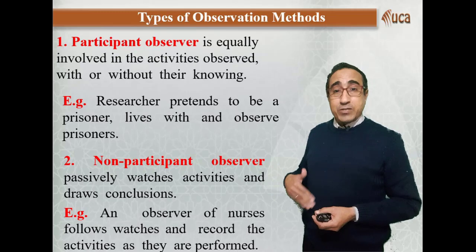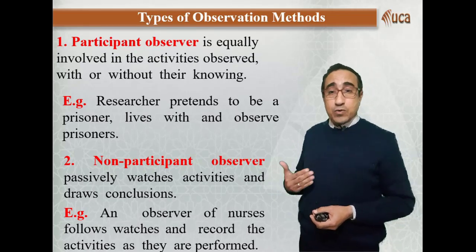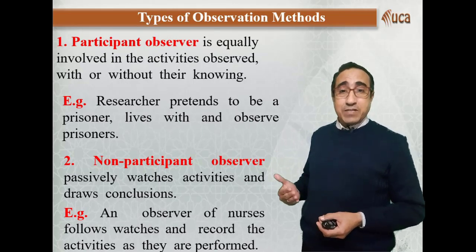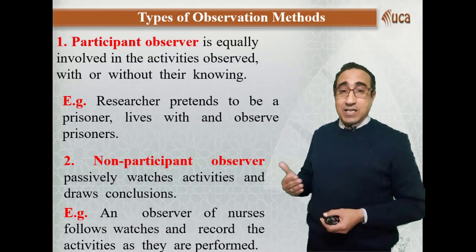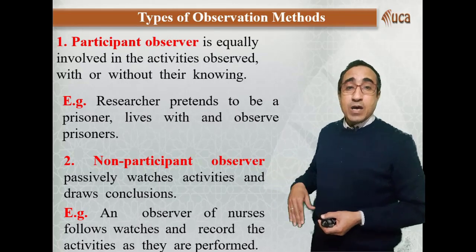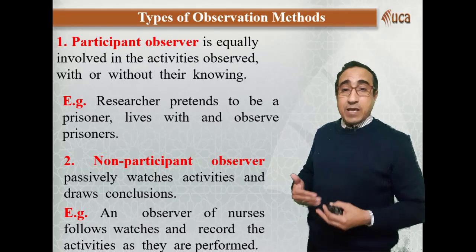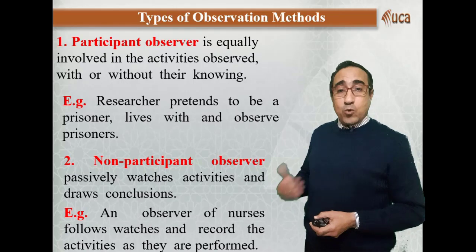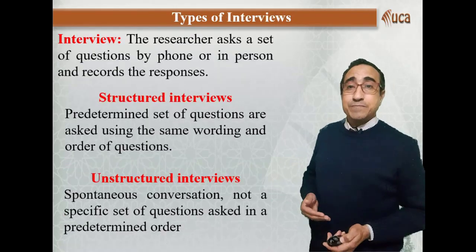The other example is when the observer is not a participant and stays aloof and watches passively the activities as they take place. An example is when an observer watches nurses as they perform their activities and follows them and records their performance.